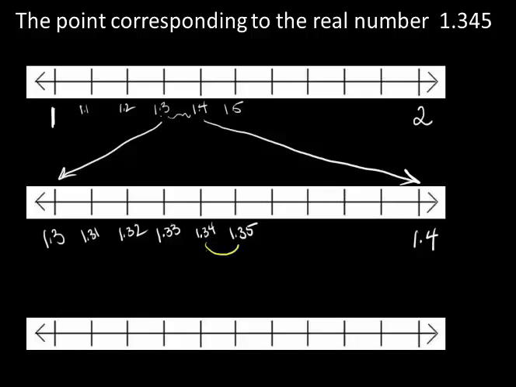And now this point down here I'll call 1.34, and this one 1.35, and divide that into 10 equal little pieces, and then 1.34 is here, and this is 1.341, and so on, 1.342, 1.343, 1.344, and here we are, right here. So I could put the dot right here.